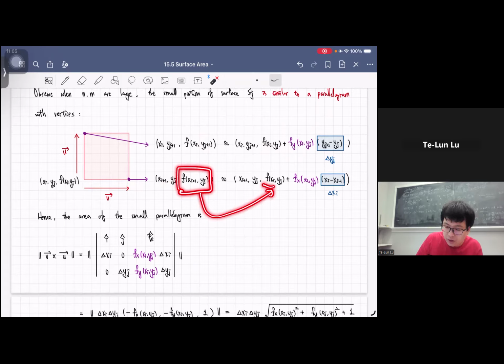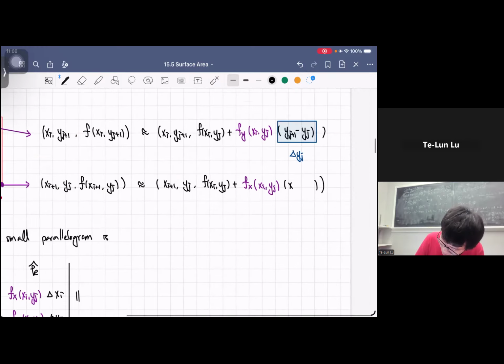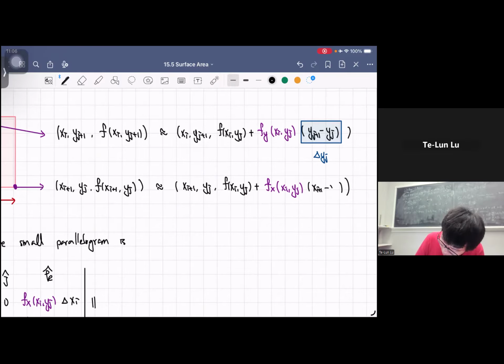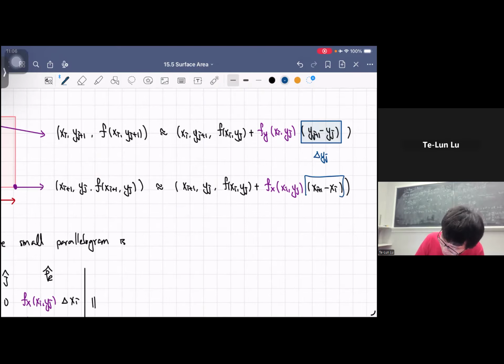Locally it looks like f(x_i, y_j) plus f_x(x_i, y_j) multiplied by the difference. Sorry, I'm not sure why I wrote this incorrectly again. This should be x_{i+1} minus x_i. And again, let me denote this by delta x_i, okay?